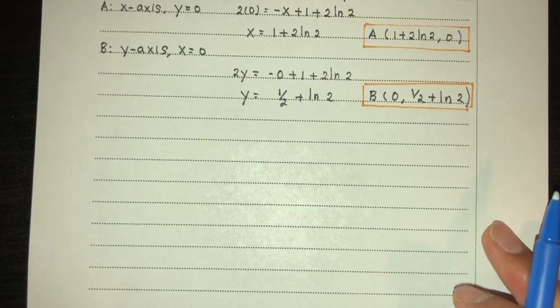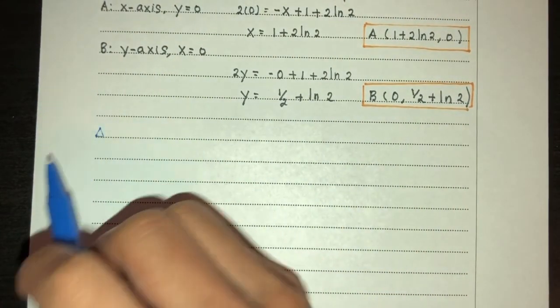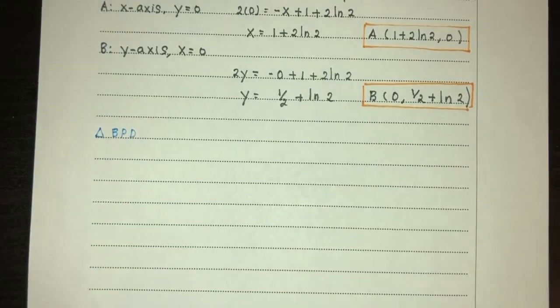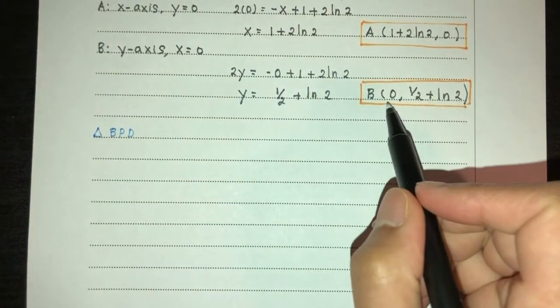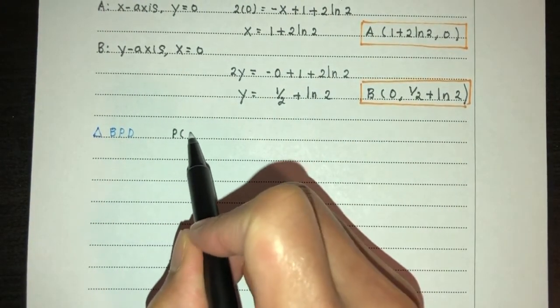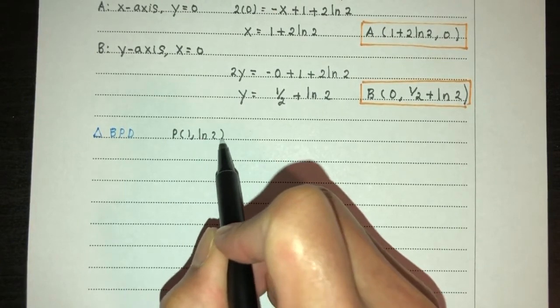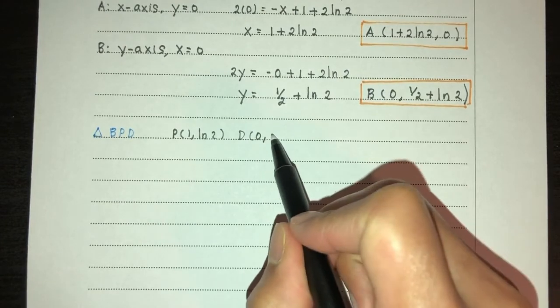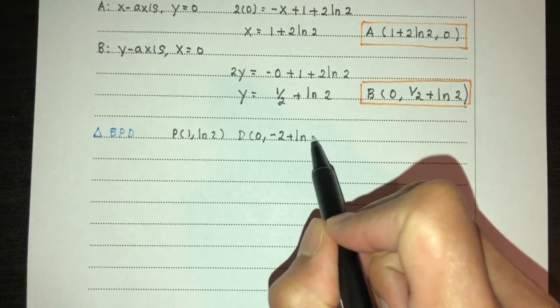So first, let's find the area of triangle BPD. So we have the points. B is here. P is given to you as (1, ln 2), and D has been found to be (0, minus 2 plus ln 2).